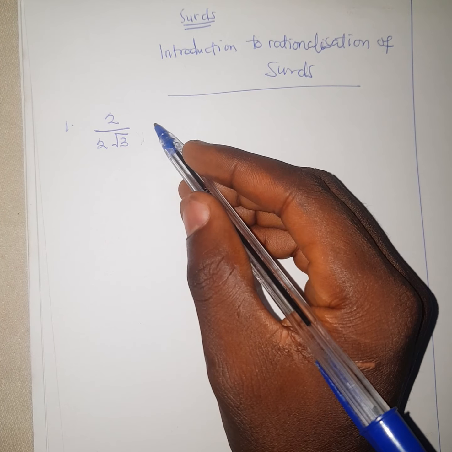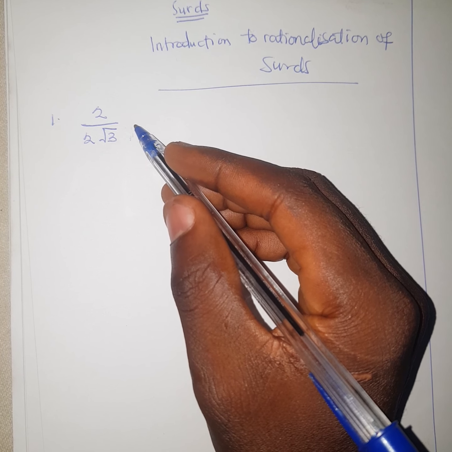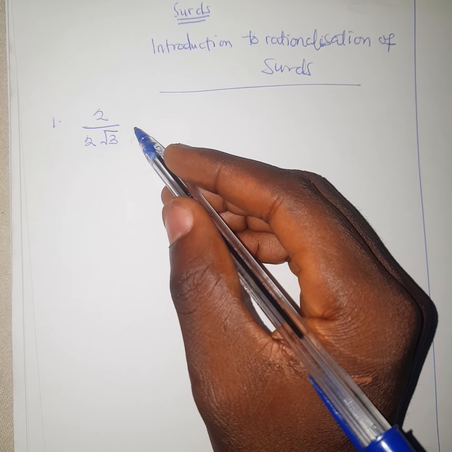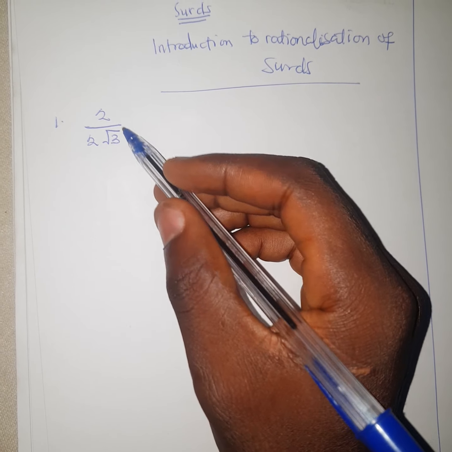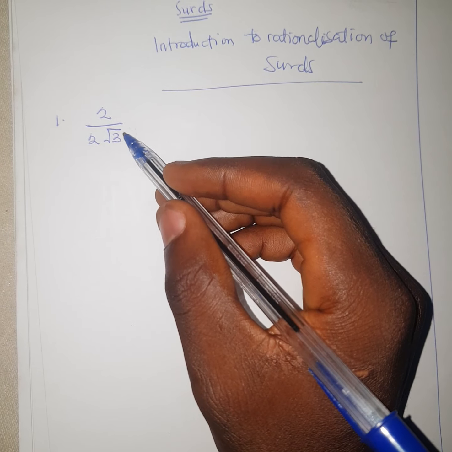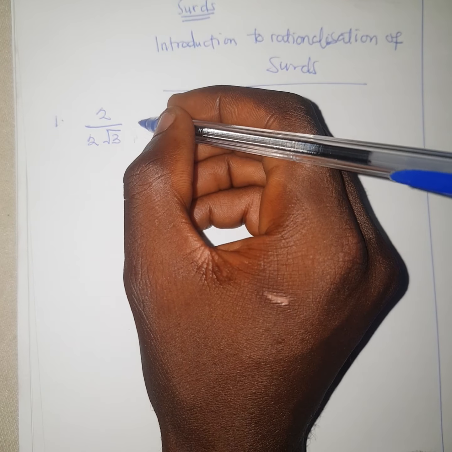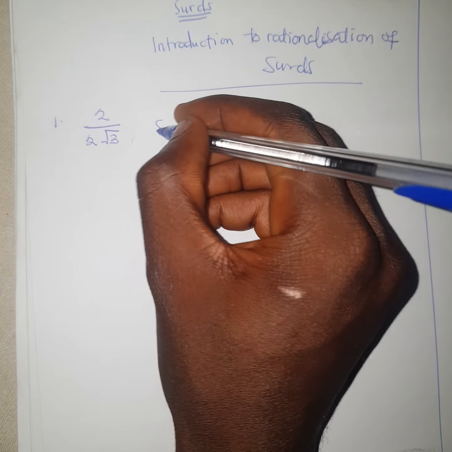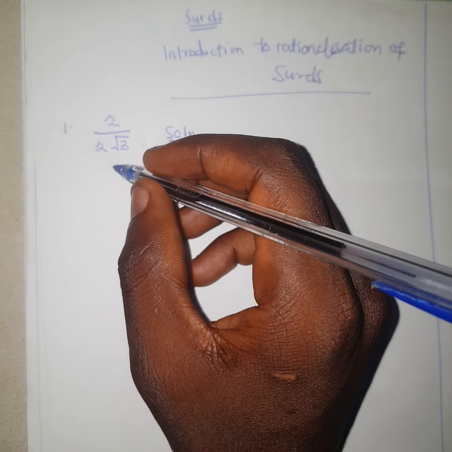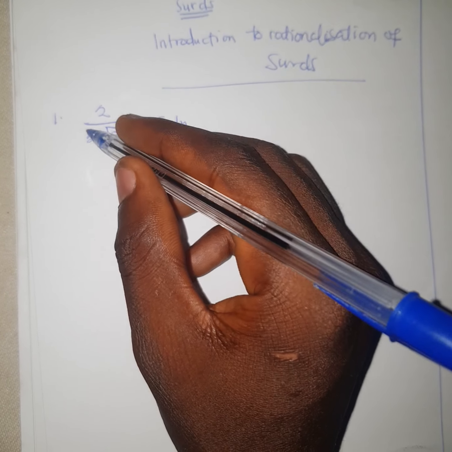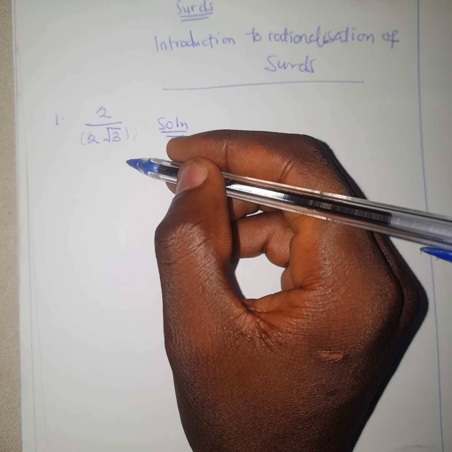Now, every surd has a conjugate. To rationalize a surd, all you need to do is multiply both the numerator and the denominator by the conjugate of the denominator. In this case, we can pick 2 root 3 as a conjugate or root 3 as a conjugate, and we'll get the same answer.